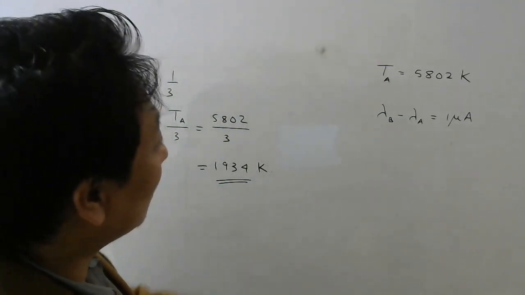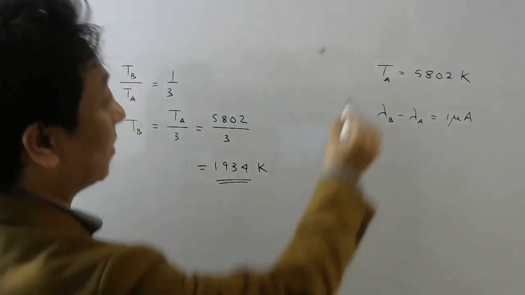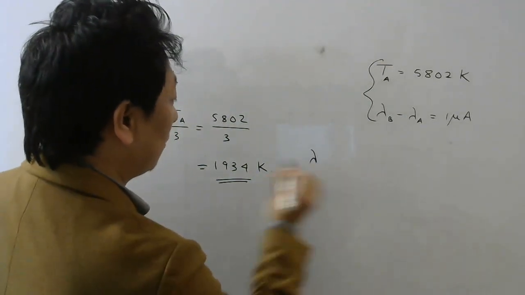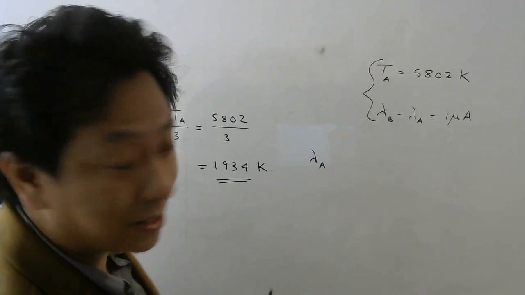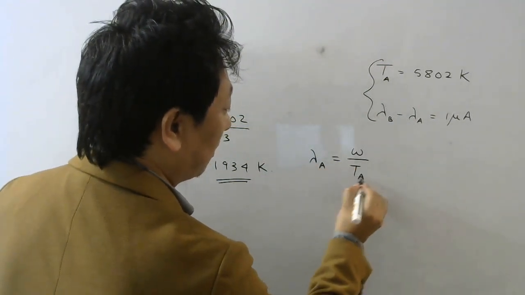Now we need to find the wavelength lambda B. Remember the difference is given. So this part is given, okay. Now we can use Wien's law. The wavelength of radiation where intensity is maximum for body A will be Wien's constant by temperature of A, right?